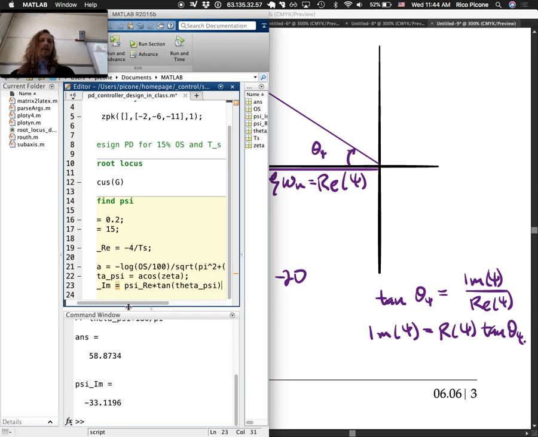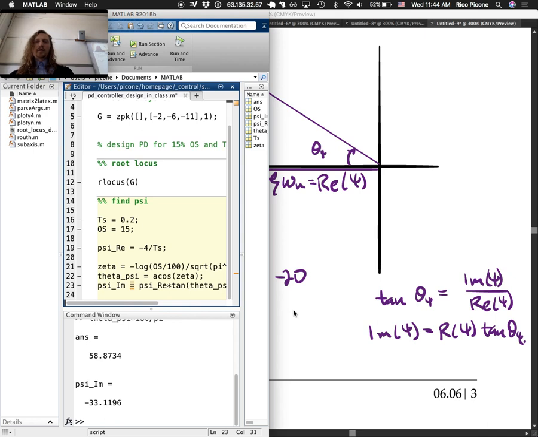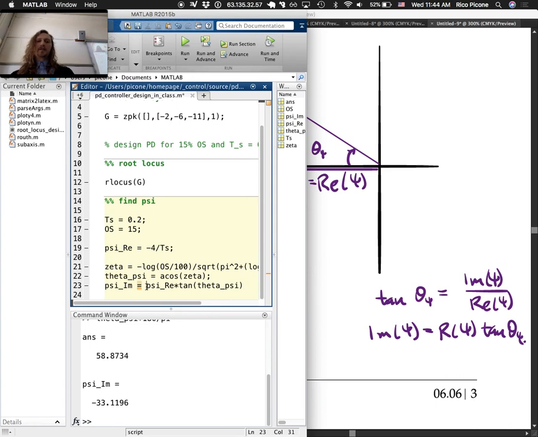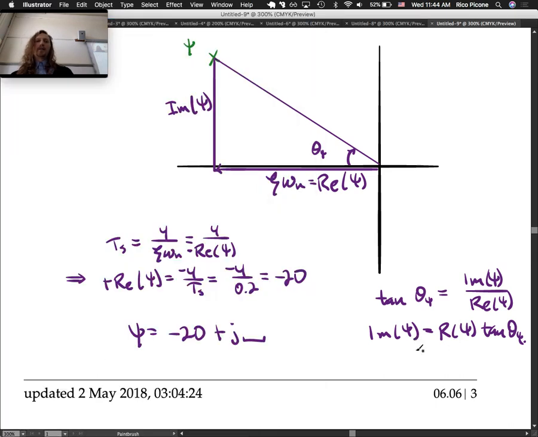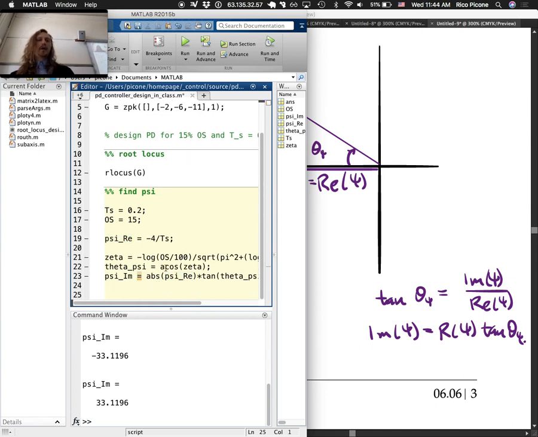Did I do something wrong there? Oh, I need the positive of real, right? Because the real is negative, but we're using it as the distance and not the direction. So we need the absolute value of psi real. Okay, so negative 20 and 33. That means our psi, we can even define it if we want to.